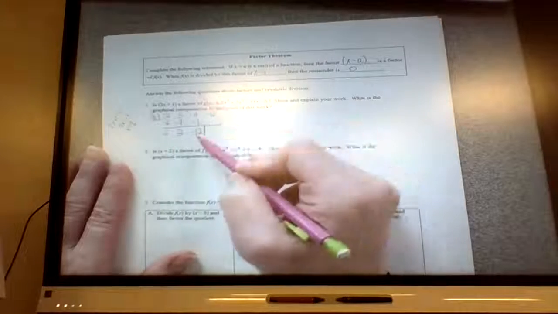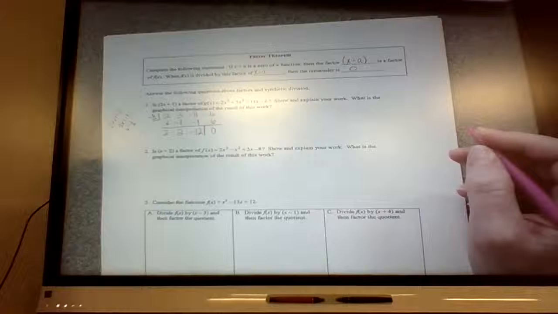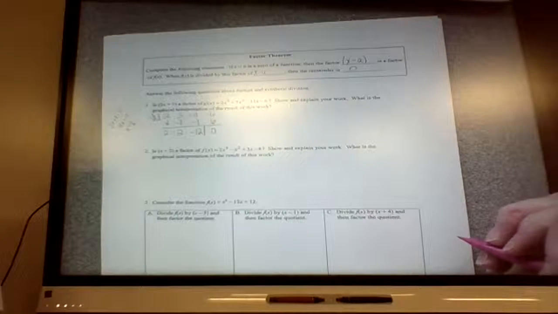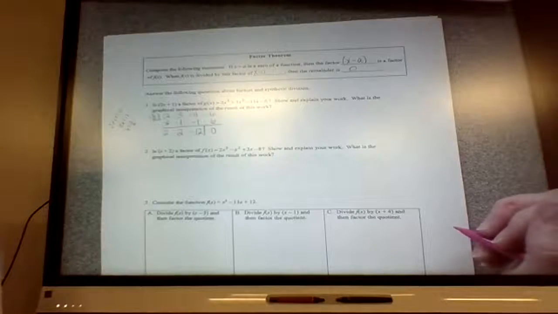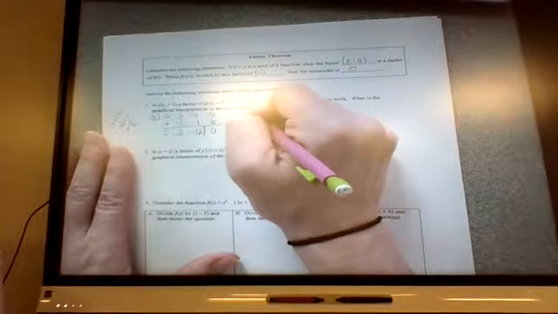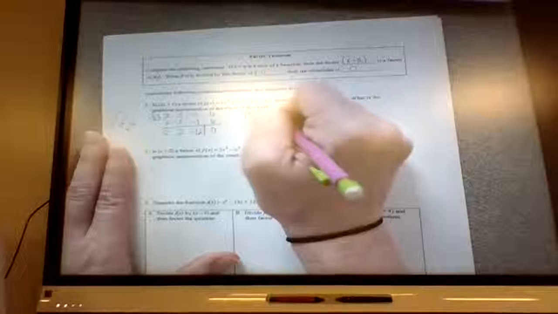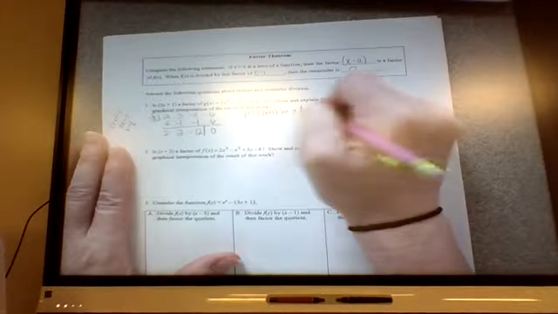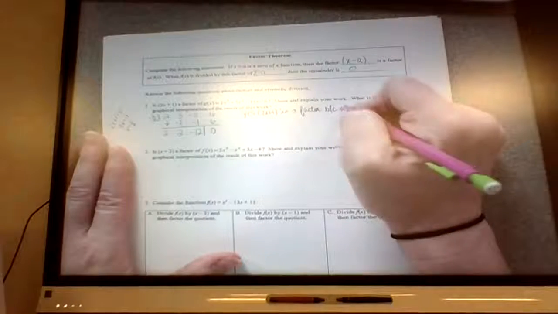Negative 1/2 times negative 12 is a positive 6. And the answer on that is 0. Okay, so factor. 2x plus 1 is a factor because the remainder is 0.